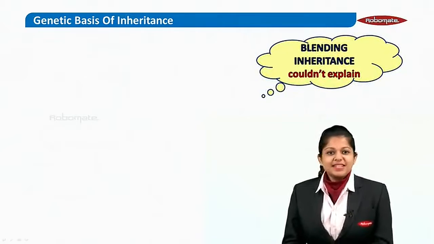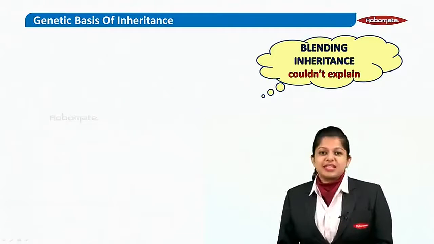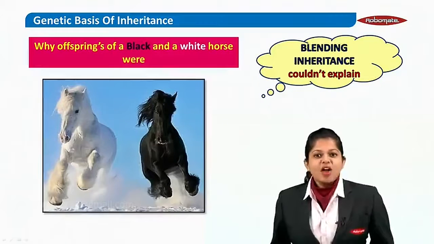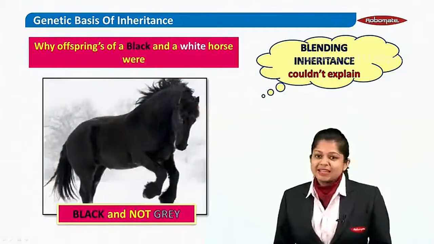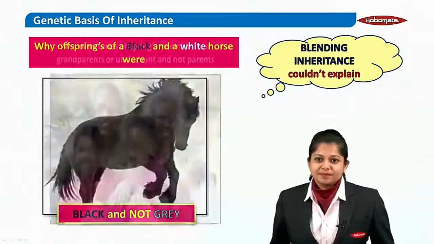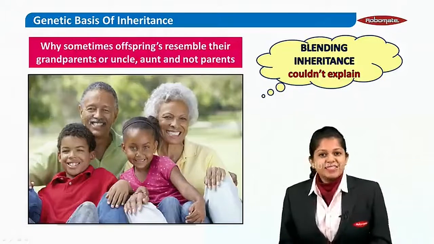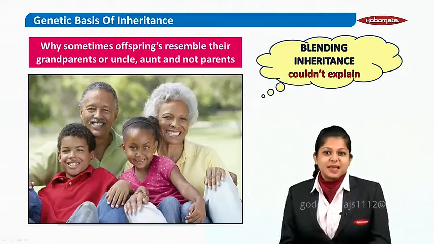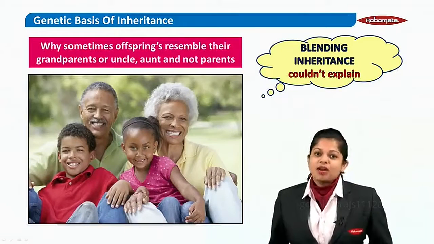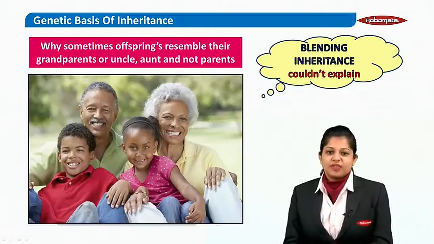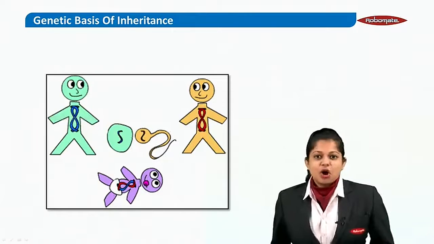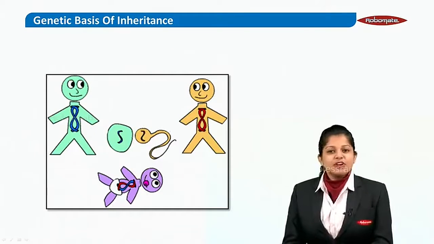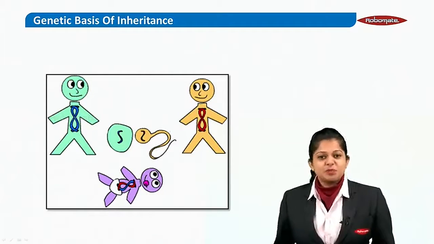But blending inheritance couldn't really explain why offsprings of a black and a white horse were black and not gray. Also, why sometimes offspring resemble their grandparents or uncles and aunts and not their parents. These concepts of inheritance were further explained by Mendel's experiments.